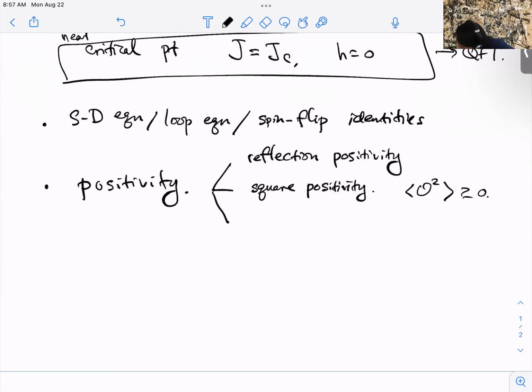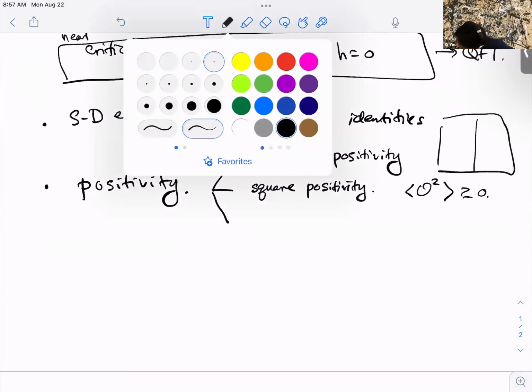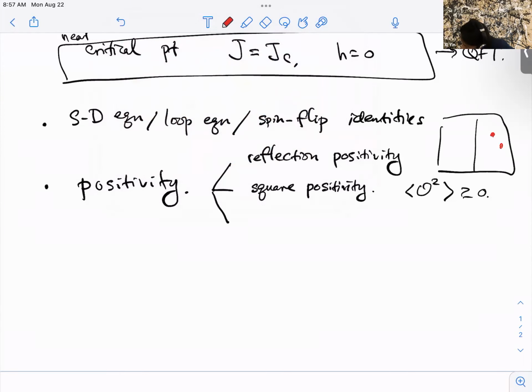What is being reflected? An arbitrary linear combination of spin insertions on one side, on half of space. I'm going to describe this later, but let's imagine on the plane you have insertion of a bunch of spins over here, but generally a linear combination of these, and you just reflect in this way, roughly speaking. And vice versa, the other side goes to the other side.